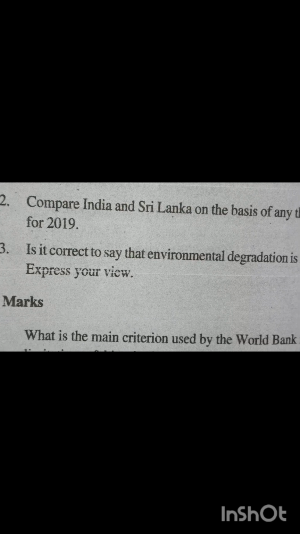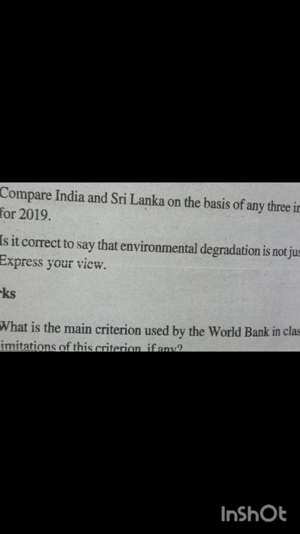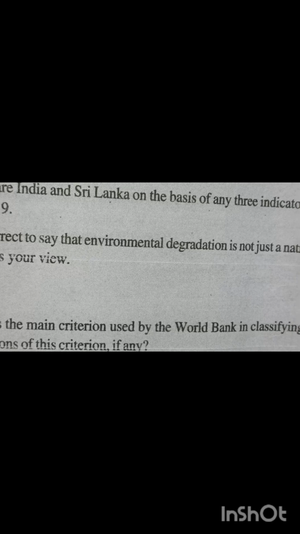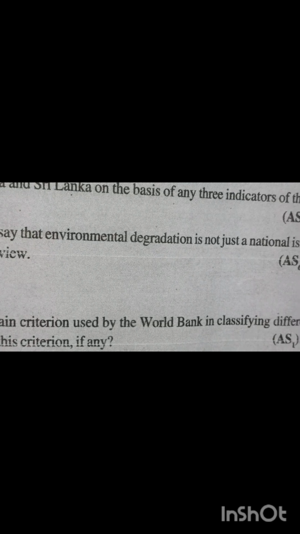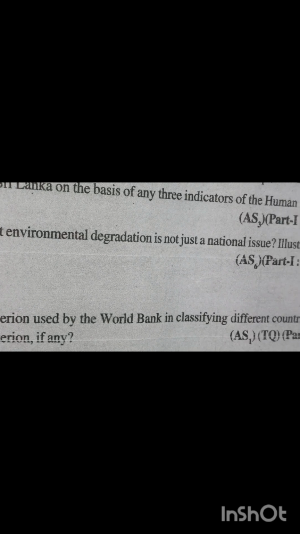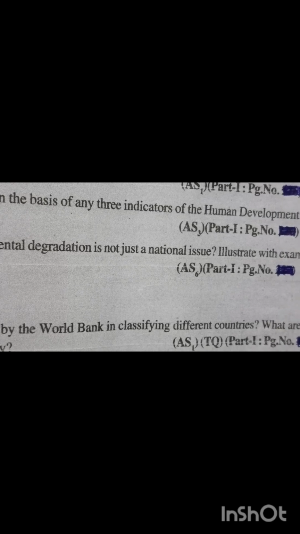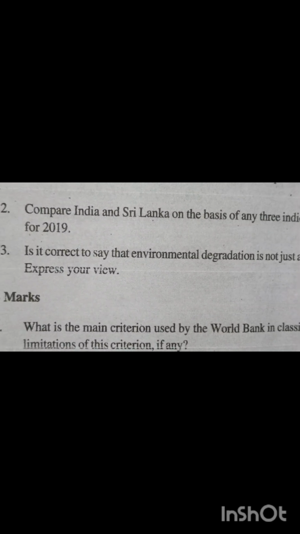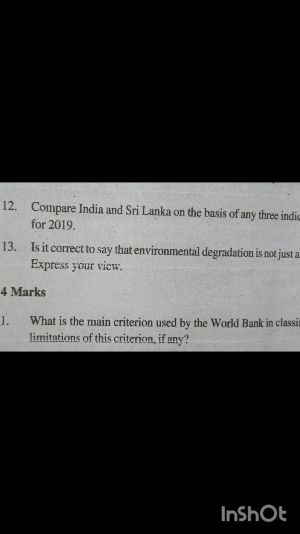Is it correct to say that environmental degradation is not just a national issue? Illustrate with examples. Express your view.